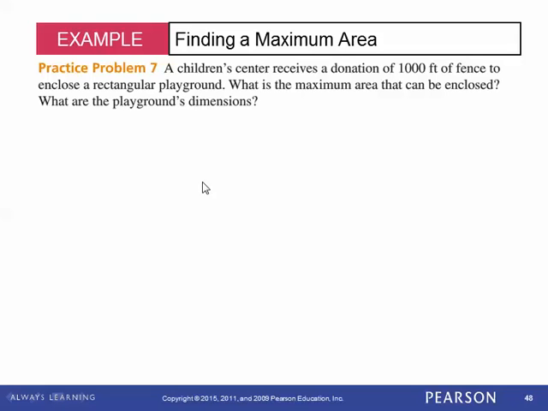A children's center receives a donation of 1,000 feet of fence to enclose a rectangular playground. That's kind of cool. What is the maximum area that can be enclosed, and what are the dimensions of that playground? And this one you'll see very often. You set up one problem, and it's actually related to another problem. So let's see how that works.